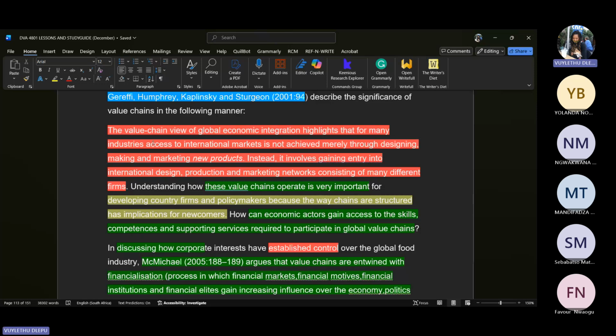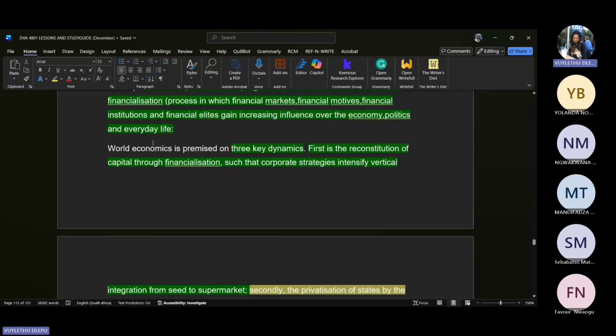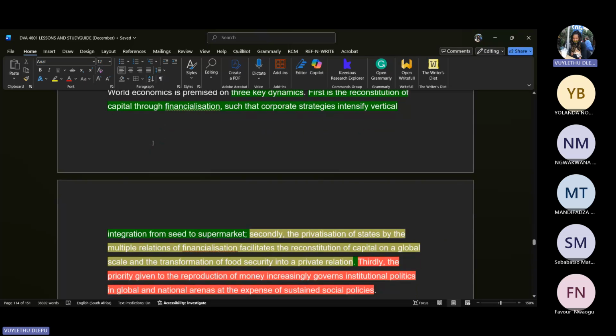In discussing how corporate interests have established control over the global food industry, McMichael argues that value chains are entwined with financialization, which is a process in which financial markets, financial motives, financial institutions, and financial elites gain increasing influence over the economy, politics, and everyday life. World economics is premised on three key dynamics. First, it is the reconstitution of capital through financialization, such that corporate strategies intensify vertical integration from seed to supermarket.